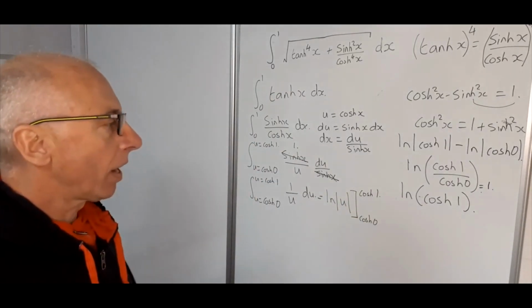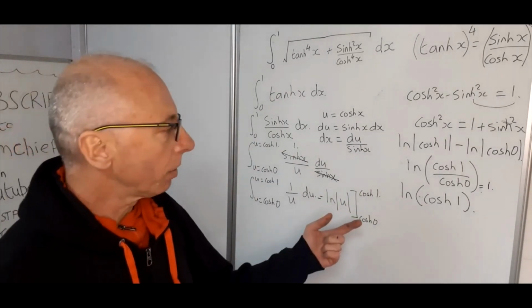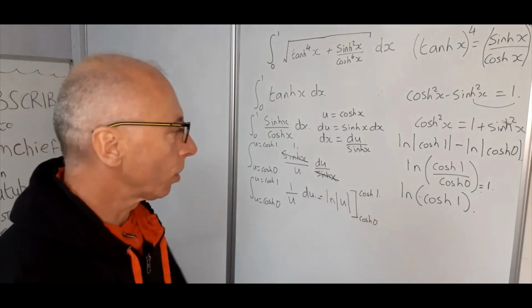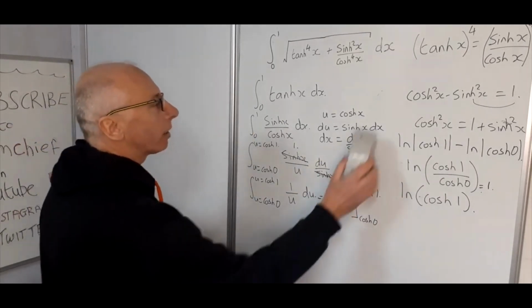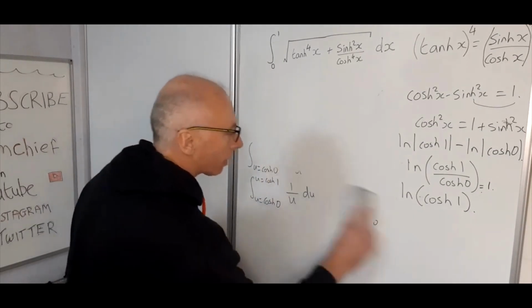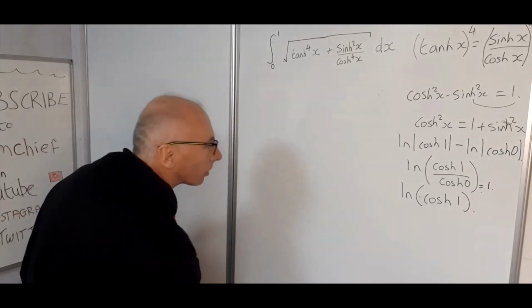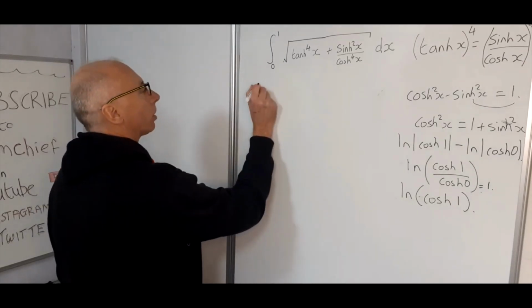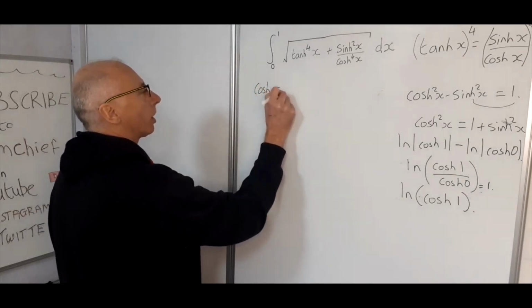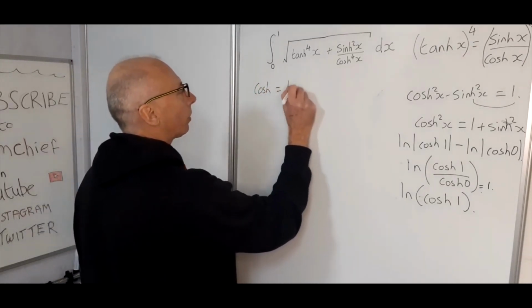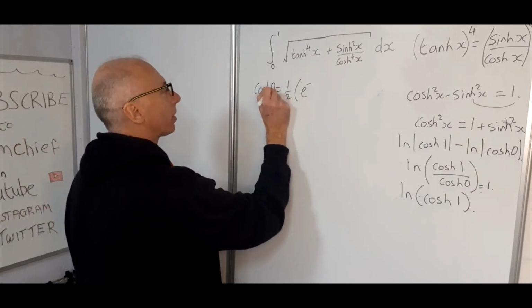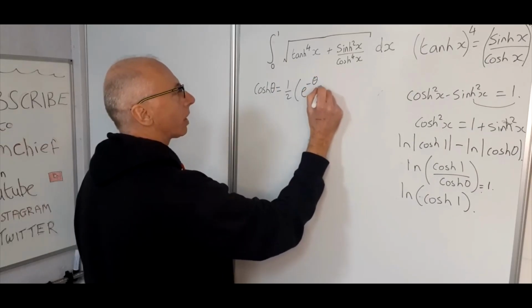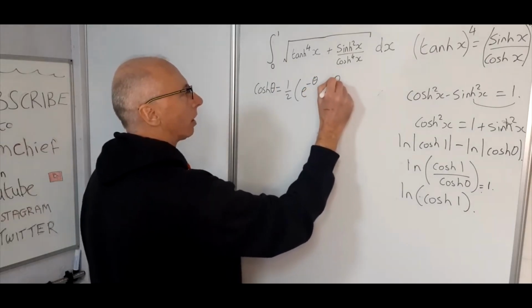But we can simplify that even more or turn it into an exact value using exponentials. So we know the identity, let's write this over here just to go through this last bit. Cosh of theta equals 1/2 of e to the minus theta plus e to the theta.